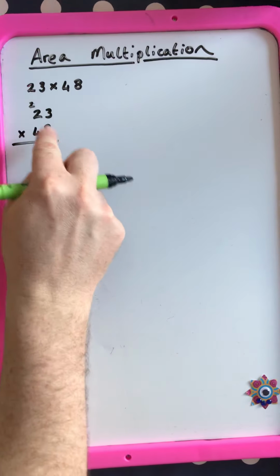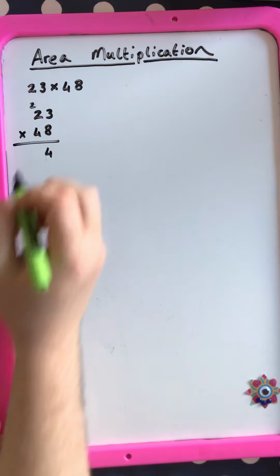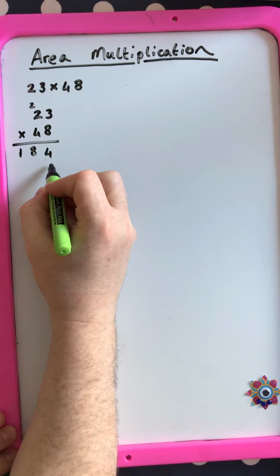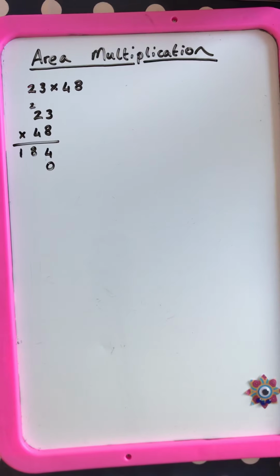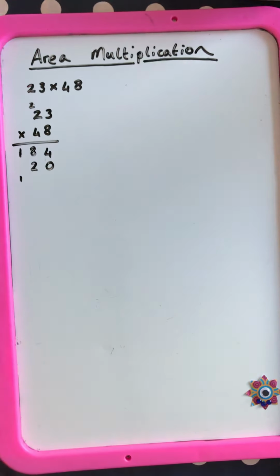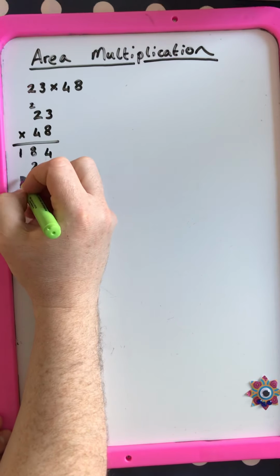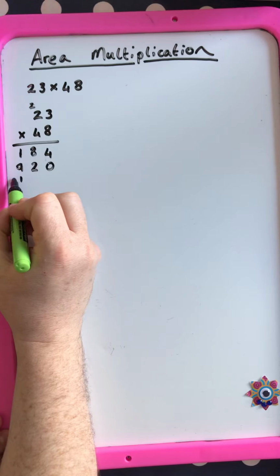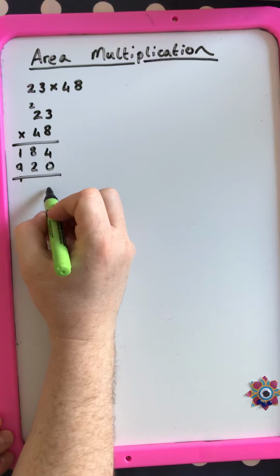And 8 2s is 16, add 2 is 18, and then we would add this 0. 4 3s are 12, so let's carry that 1 here. 4 2s is 8, add 1 is 9, and then we would know to add vertically.